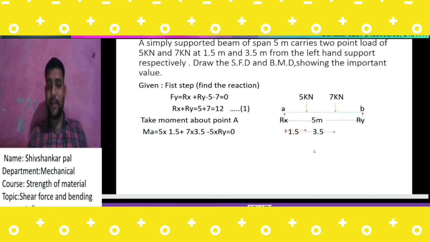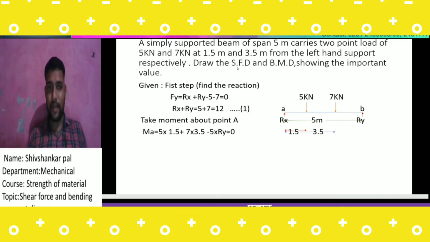This diagram is sometimes given in the question and sometimes given in the wording of the question. Then, according to the question, draw the figure. And we are asked to draw the shear force and bending moment diagram.